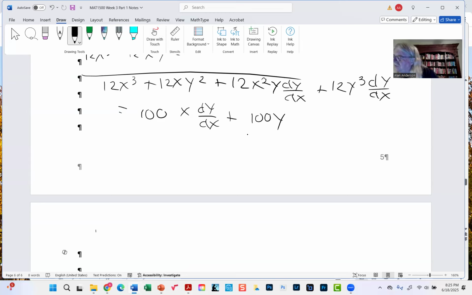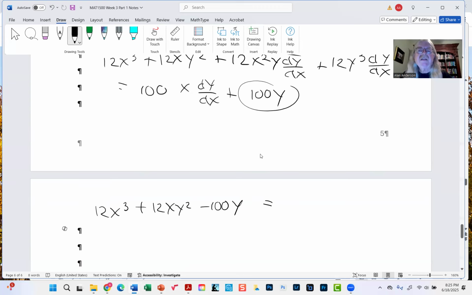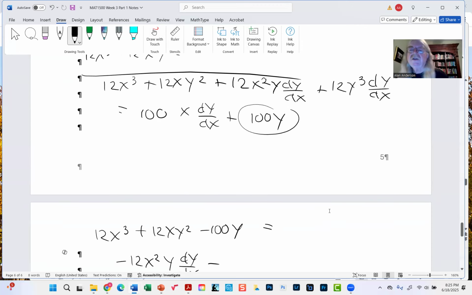So what I'd like to do is on the left-hand side have all the terms that do not involve dy dx. These go to the right. This one can get moved to the left. And then I have to subtract these two terms. And that is the 12y cubed.